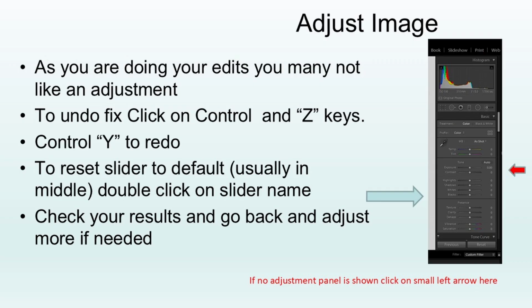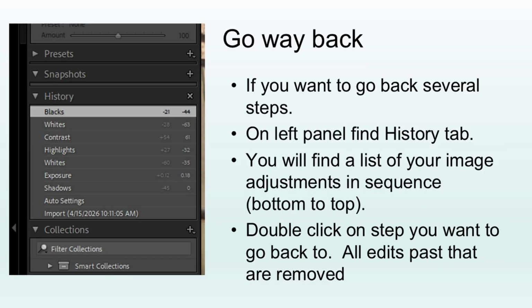Control Y will take you one step back in your edited process. Now to reset any slider to default, which is typically in the middle, double click on the name, check your results, and go back and adjust if more is needed.